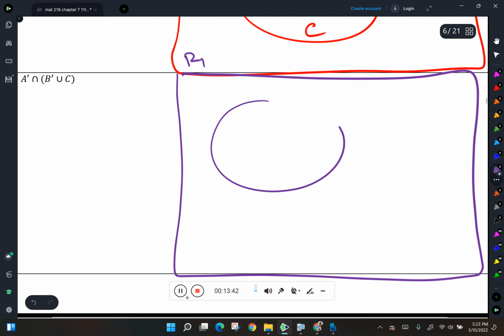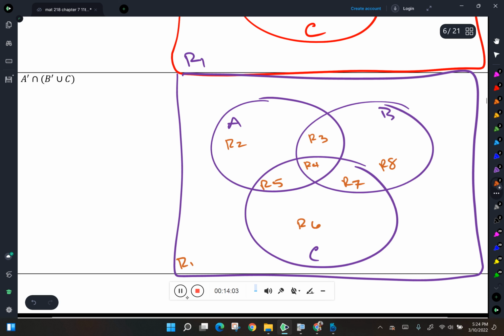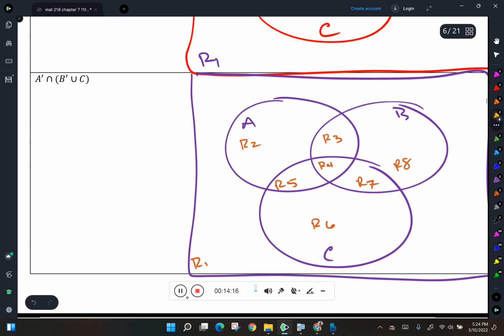3-set Venn diagram. A, B, C, region 1, region 2, region 3, 4, 5, 6, 7, 8. Okay. What do they want us to do? They want us to do A complement.